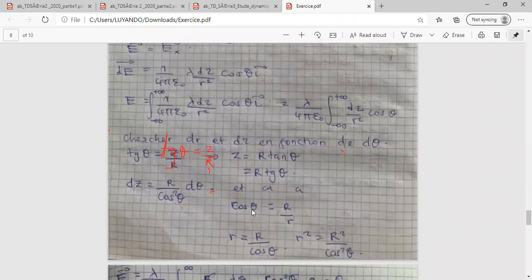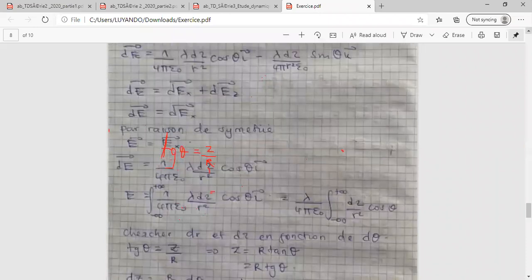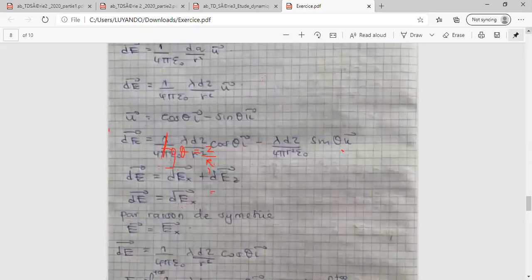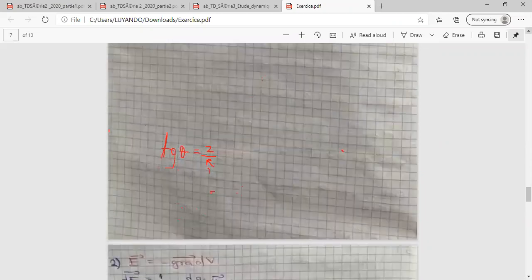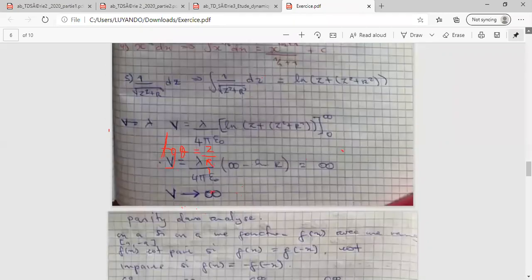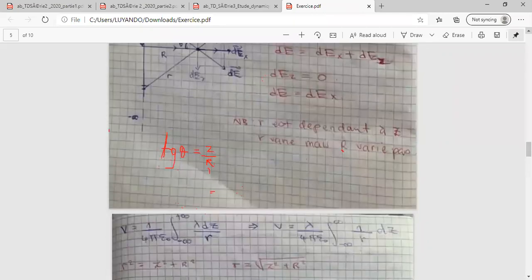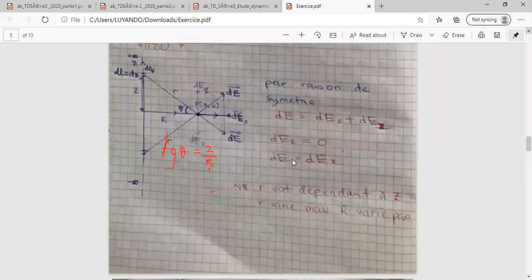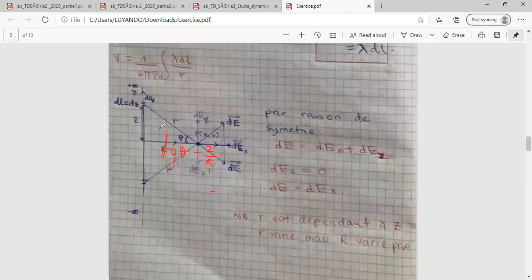And then, don't forget, in my expression I still have a cos theta. Going to our drawing, we can get cos theta as our adjacent over our hypotenuse.